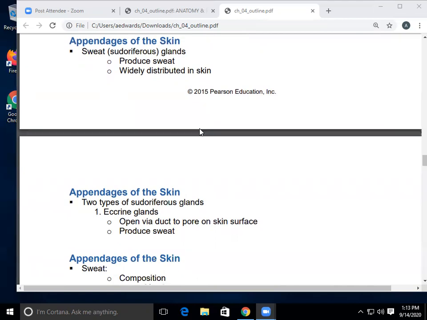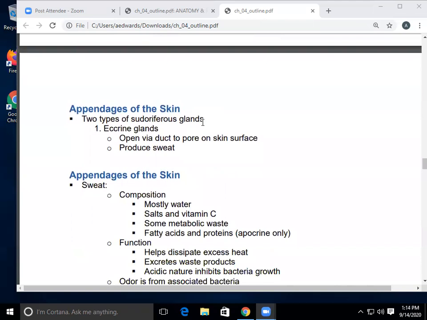So they are the sweat glands. They make sweat. You'll see them all over your skin. They're widely distributed. These sweat glands can be eccrine. And if they're eccrine, it means they have a duct that allows that sweat to get to the skin surface through some pore.